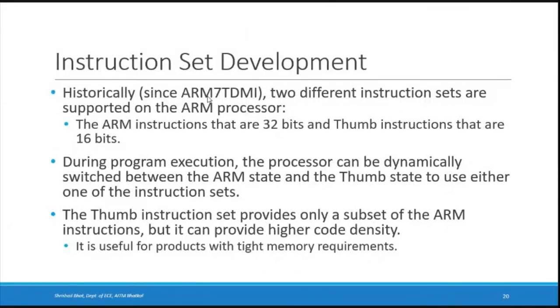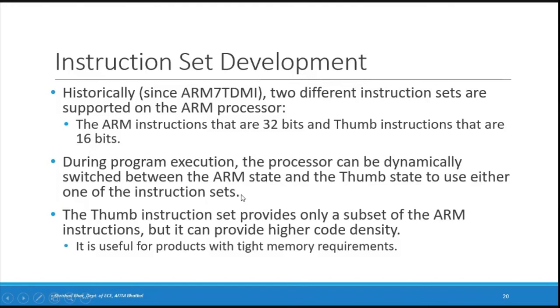Historically, before these Cortex processors, whenever two instruction sets were used together, the state of the processor had to be switched from ARM state to Thumb state, and from Thumb state back to ARM state. During program execution, the processor can be dynamically switched between ARM state and Thumb state to use either one of the instructions.